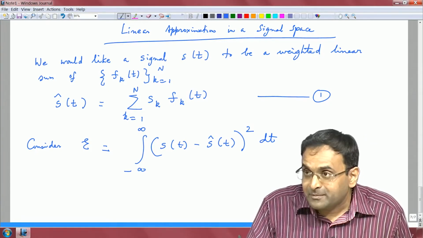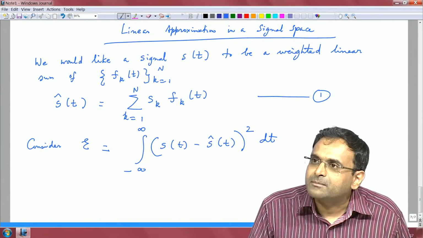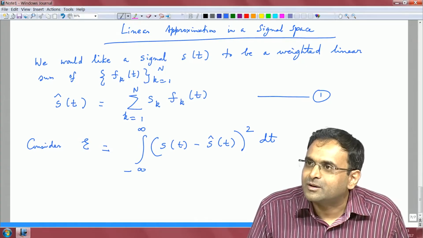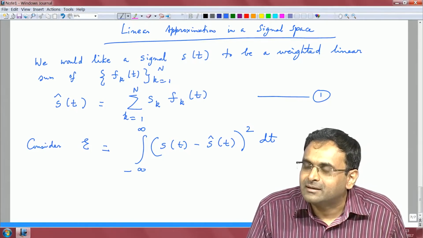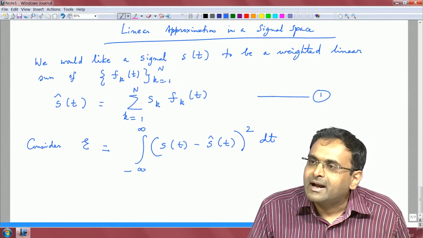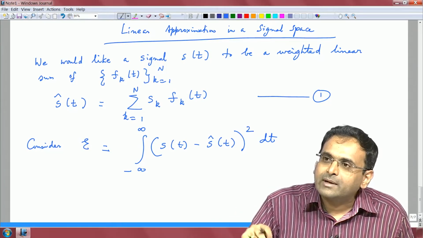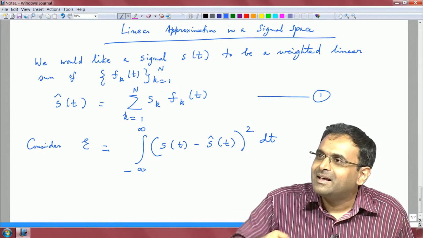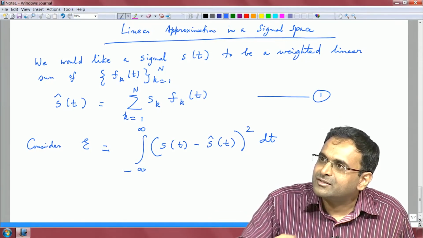So, now once you set this up, setting up this objective is important. I mean, like in any optimization problem, you have to have some objective. Why the square error is a question, right. Why not the cube error? Why not the power 4 error? Square error has a number of interesting properties, and one of them is it is a quadratic function. So, therefore, if you want to optimize something, you land up with a unique solution. It is convex. You have to think about it in terms of the geometry, right. The square error is basically a quadratic surface, it is a parabola.